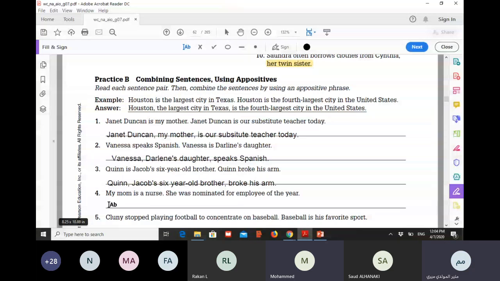Or the other way around. Your sentence is right, but you can also say, my mom, comma, was nominated, comma. The appositive cannot start with the verb.